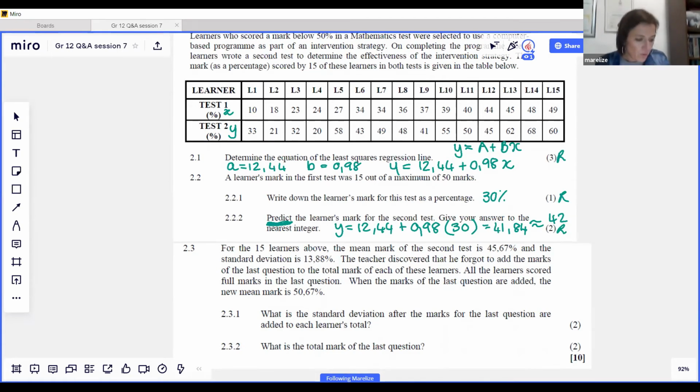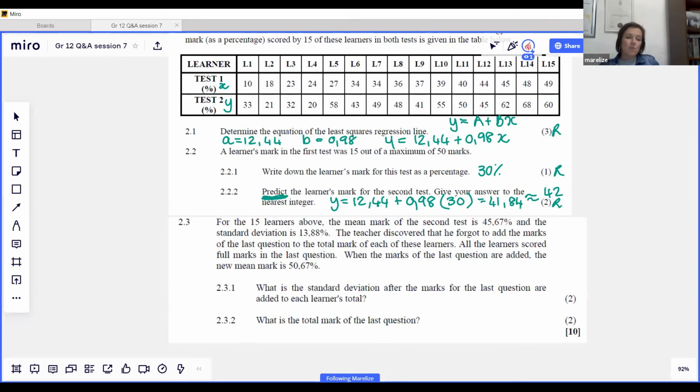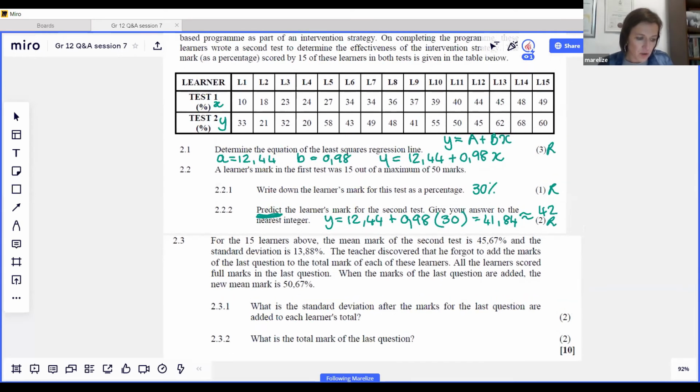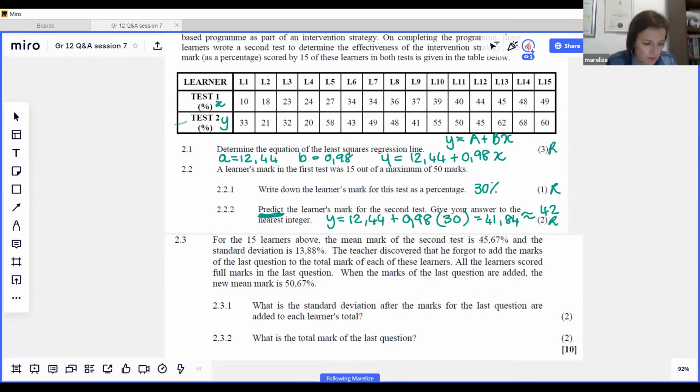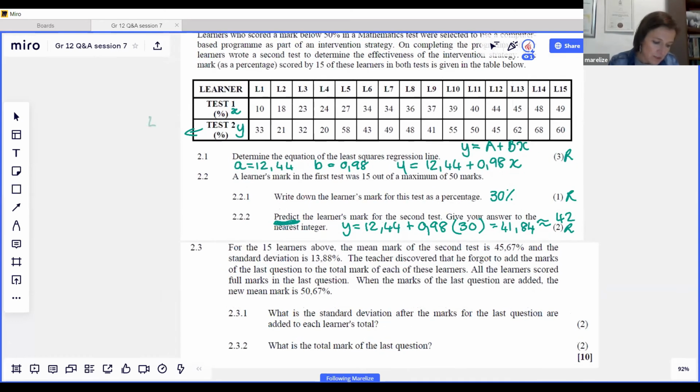Okay, so for the 15 learners above, the mean mark of the second test is 45.67%. So the mean for this is 45.67. Now I know this paragraph is quite long and wordy, so let's deal with it by maybe highlighting some important stuff.